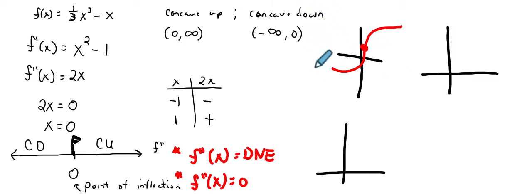When it's concave up, every one of my tangent lines will be below the graph, or the graph is above all the tangent lines. And when I'm concave down, the graph is below all of our tangent lines at any given point on that curve. But at that point of inflection, our tangent line will be vertical like this.